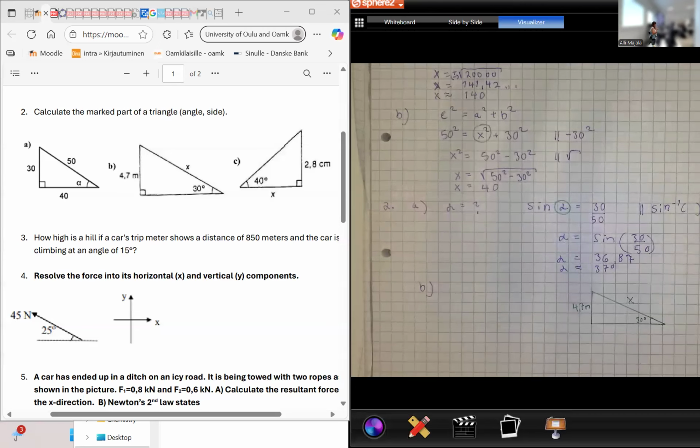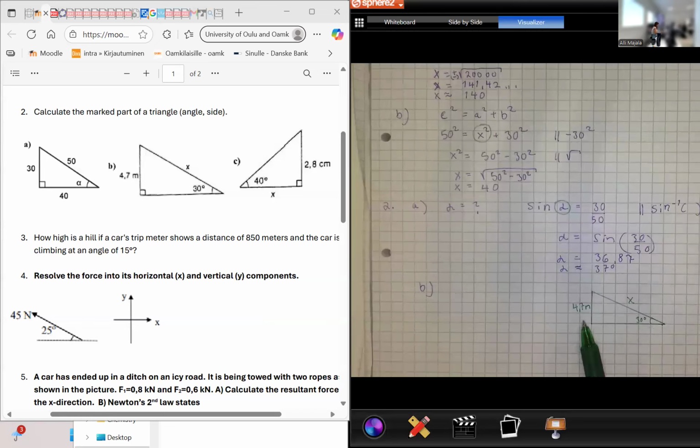Okay, so this looks maybe like something you could have in real life, if you have 4.7 meters. Obviously, the question that's been asked is the length of this rise, 4.7 meters, when you know that the angle is 30 degrees.